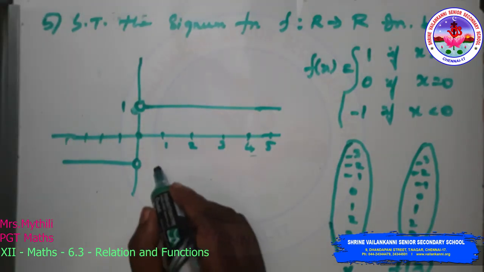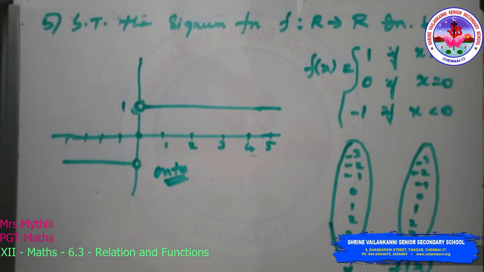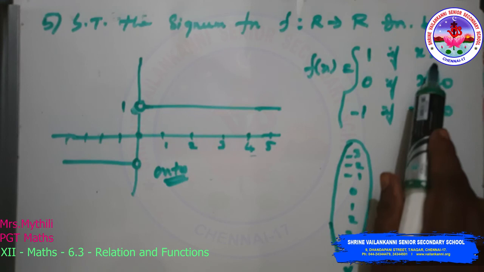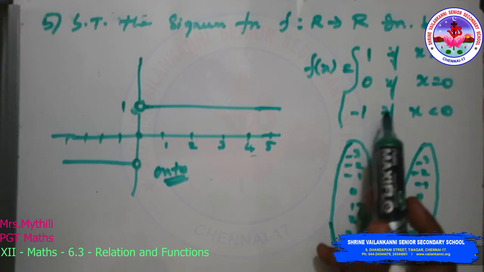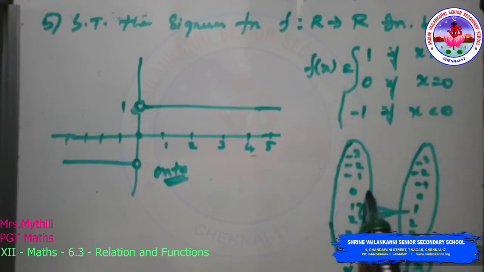We'll check for onto function. If we take any values of x greater than 0, that is positive values 1, 2, 3, we get f of x is 1. If x is equal to 0, f of x equal to 0.